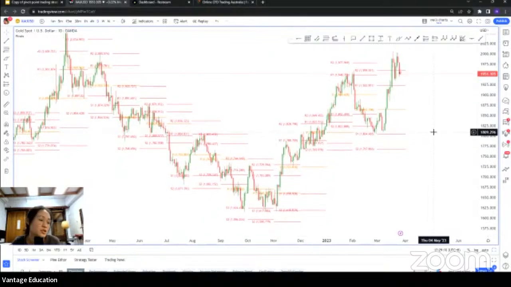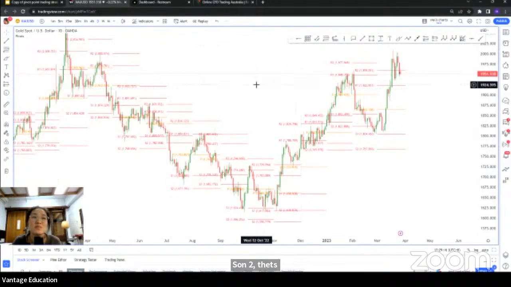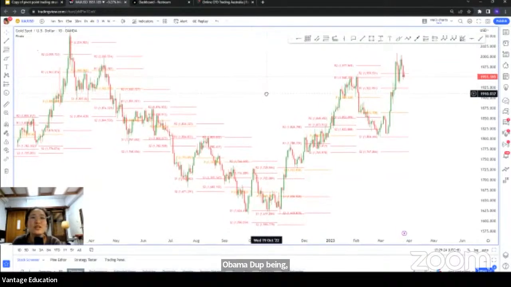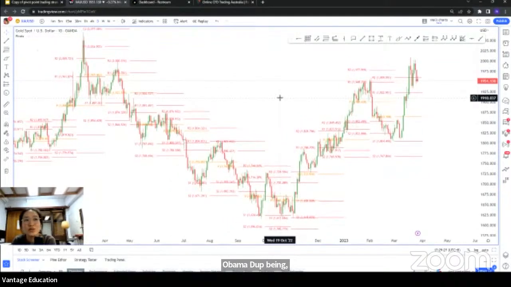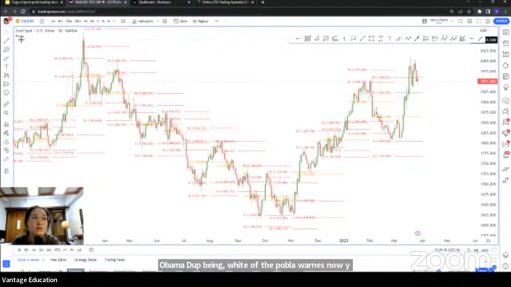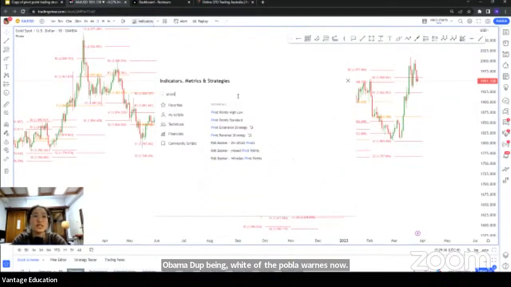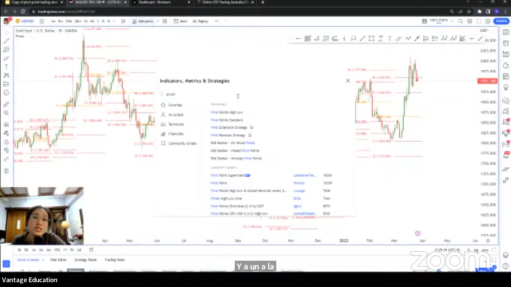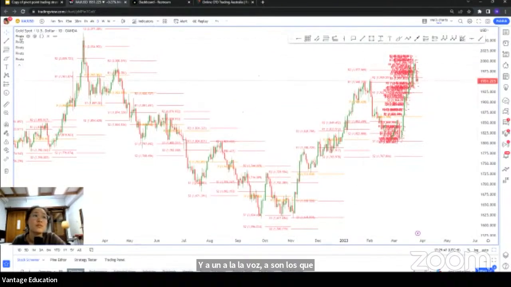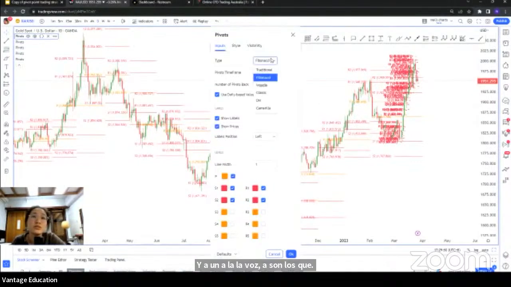Okay, so now let's introduce something known as the Fibonacci confluence, or rather the pivot point confluence. So if you've been with us for a couple of webinars now, you would know what a Fibonacci confluence is. And in this case, the pivot point confluence is kind of the same thing. So confluence is basically when you have a lot of levels, either support or resistance levels, that line up nicely with each other. So here I'm using Fibonacci for my first one.